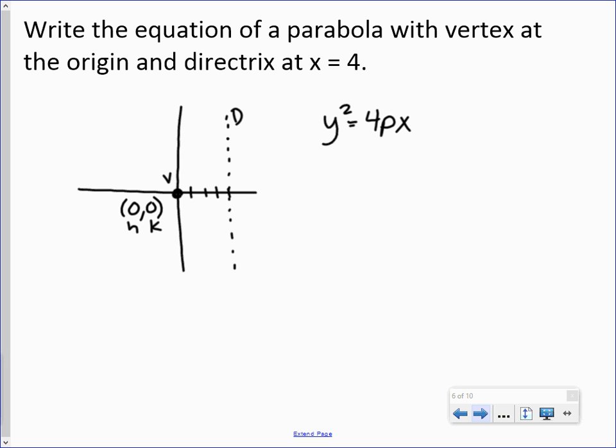If you imagine where you would draw the parabola here, it has to be a parabola that opens to the left because it's not allowed to cross the directrix. So where Joe says that because it has a vertical directrix, it has to be y squared, you could also look at it like, I know this parabola opens left, so it has to be y squared. Either way we think about it, we're still getting the same equation. David, did you have another thought?